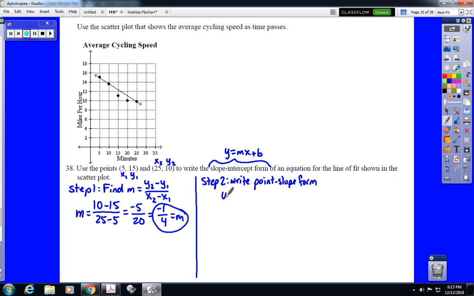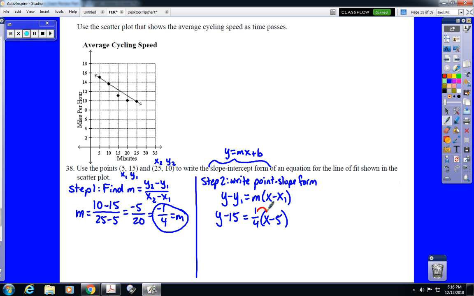We're going to plug into y minus y1 equals m times x minus x1 because we have that information. We have the slope and we have points. It doesn't even matter which point we use, but I'm going to use the one that I already marked, x1 and y1. So y minus 15 equals negative 1/4 times x minus 5. And I'm going to solve for y.